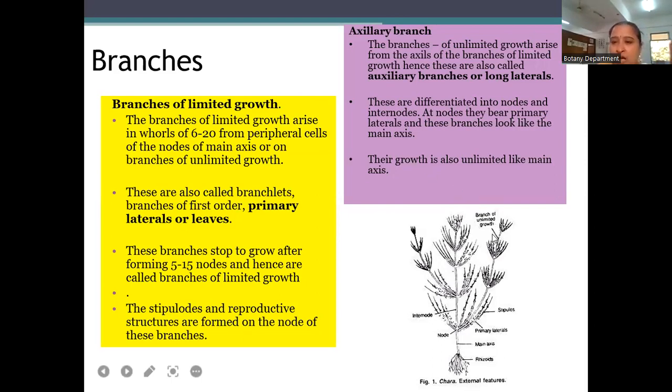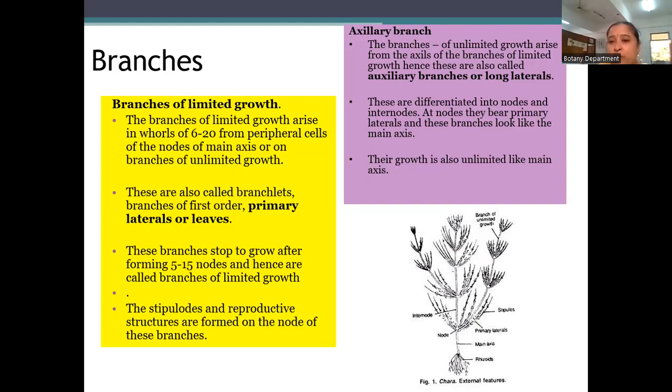Axillary branches are of unlimited growth; both names are the same. They arise from the axis of branches of limited growth, hence they are called axillary branches or long laterals. These are also differentiated into nodes and internodes.